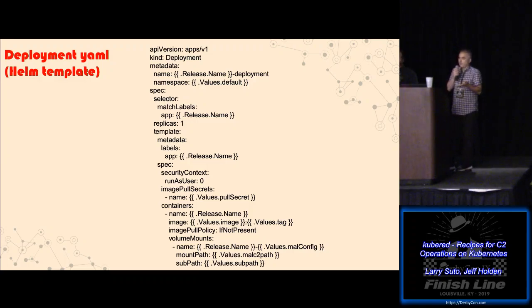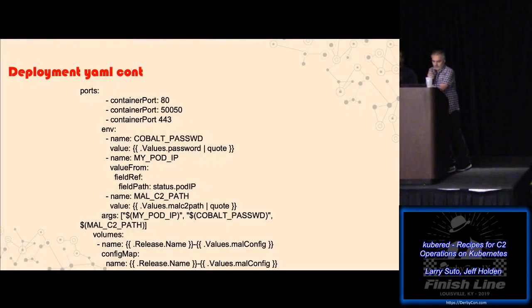This is actually pulled from the Helm chart we're making available for Cobalt Strike. This is the actual deployment template in the Helm chart. It gives you everything you need to deploy your Cobalt Strike image into a Kubernetes environment.